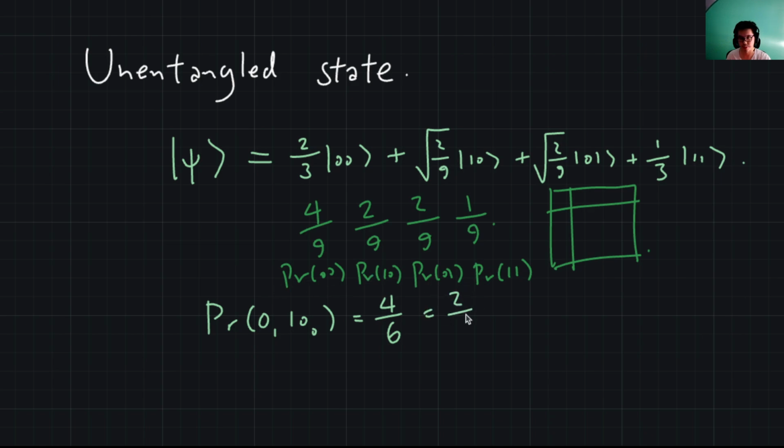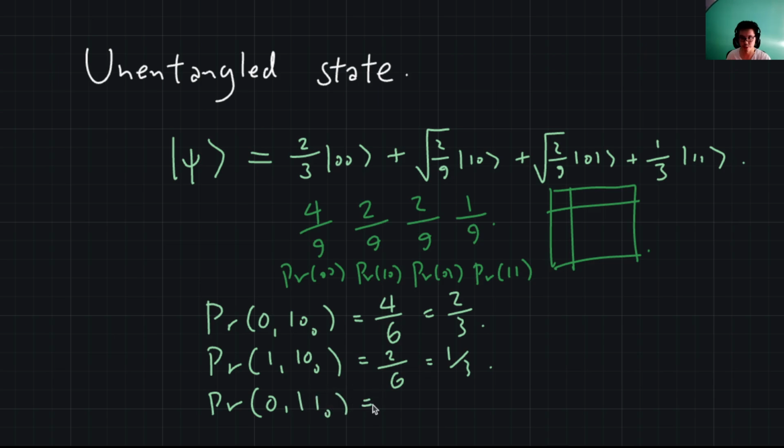So it's 2/3. The probability of 1 on the first qubit provided 0 in the zeroth qubit would be 2/6 or 1/3. The probability likewise of the 0 on the first qubit provided the 1 on the zeroth qubit would also be this. However, it will be straight up 1/3.